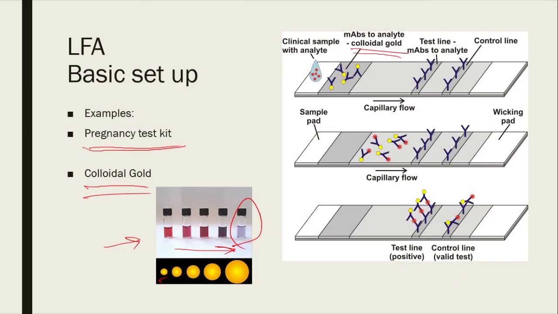But anyhow, the assay utilizes gold nanoparticles, which give off a red color. That's why you have these red colors, single line, double lines, in a pregnancy test kit. That red color comes from a colloidal gold nanoparticle suspension.